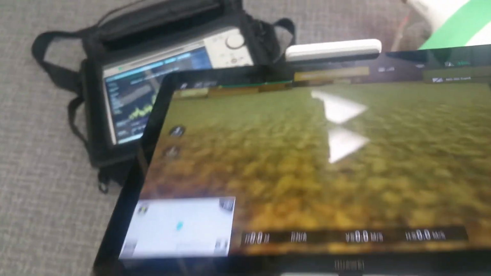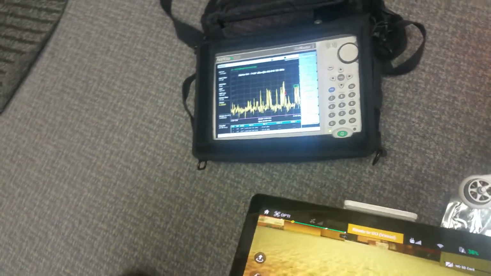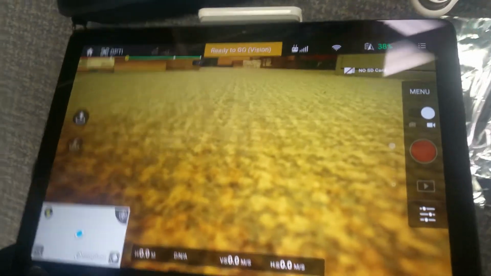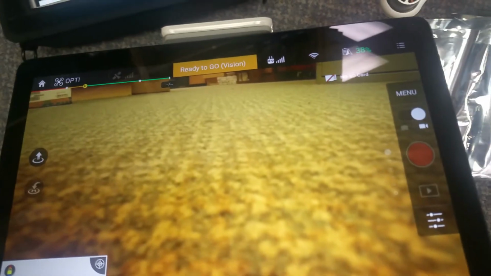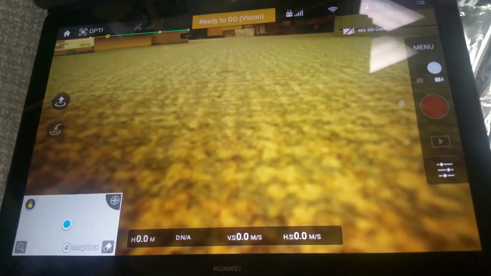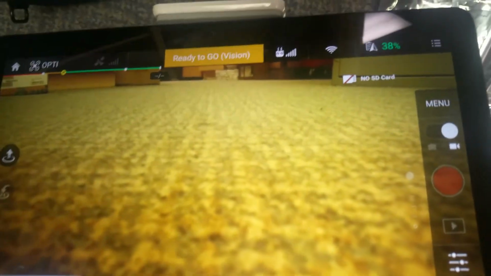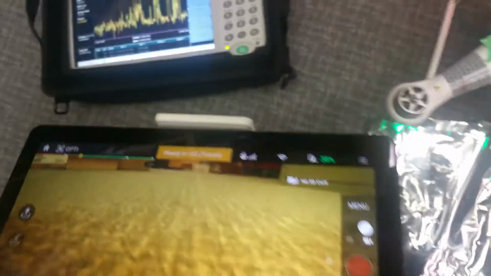First I used the Litchi app, but I figured that the Litchi gave me a little bit of a different signal level than the DJI Go app. So I'm using the DJI Go, and I look at the signal level.